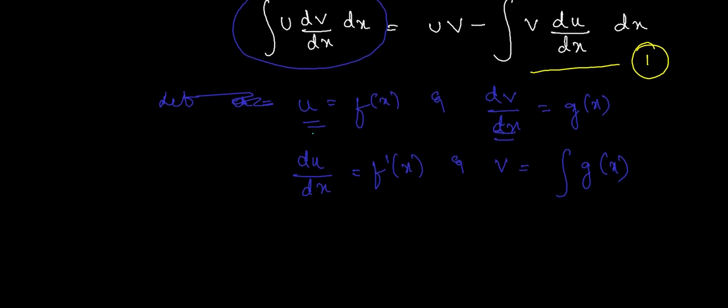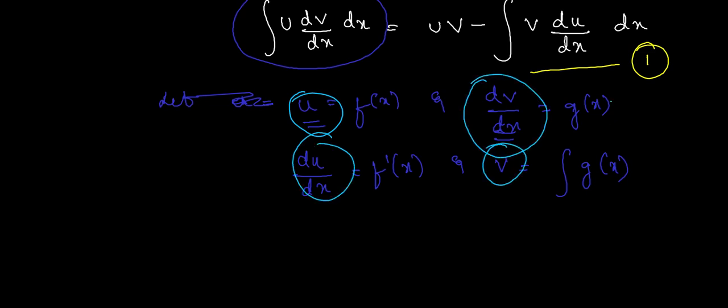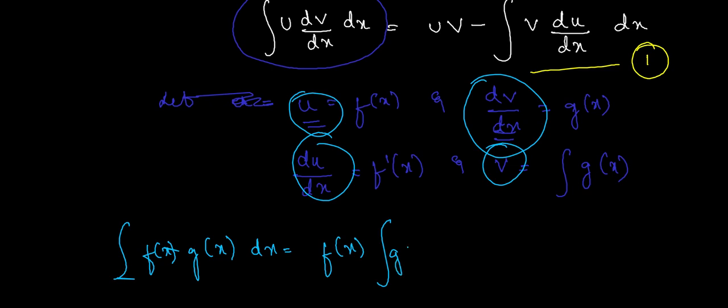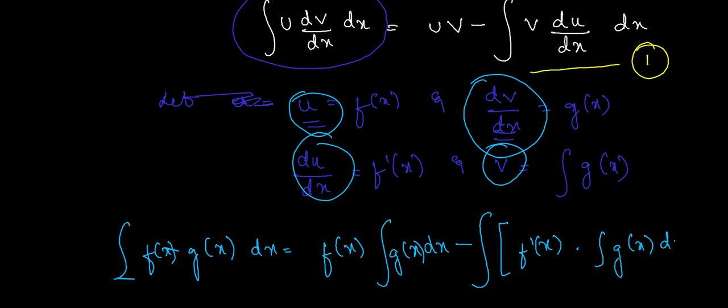Now you need to substitute the values of u, du by dx, dv by dx and v in equation 1. After substituting all of these values in equation 1 you get integration of f of x into g of x is equal to f of x integration of g of x minus integration of f dash of x into integration of g of x.